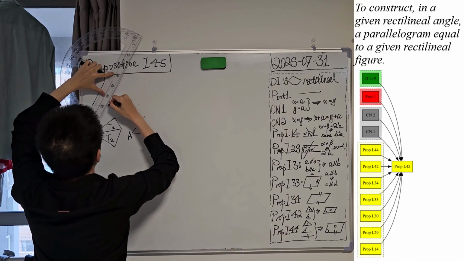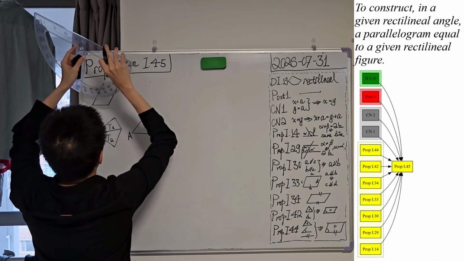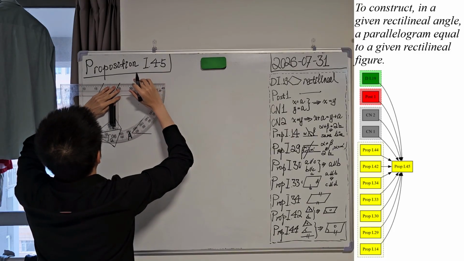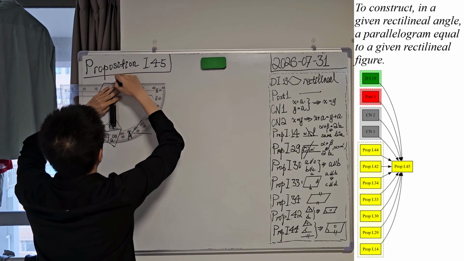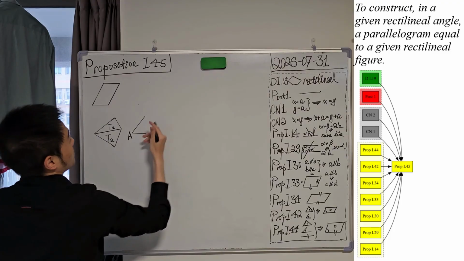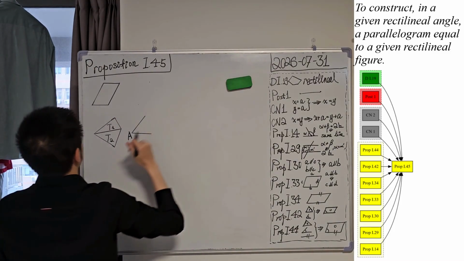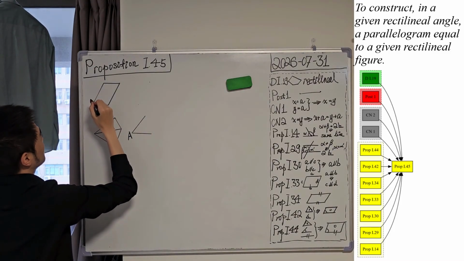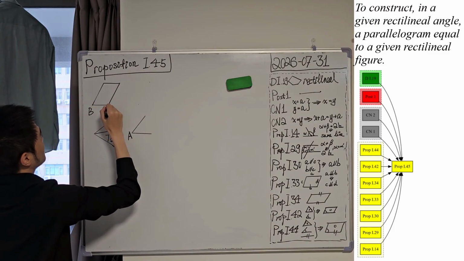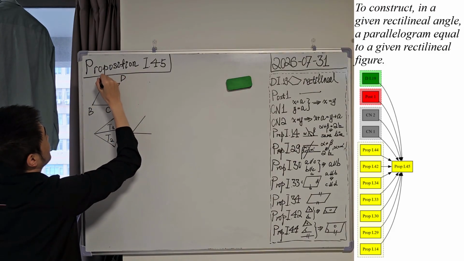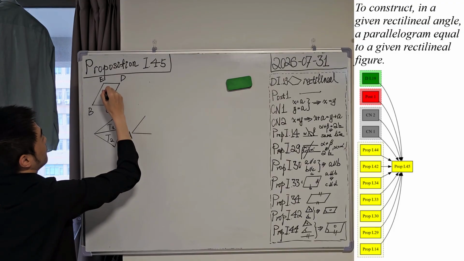So this parallelogram has the same area as T1 and it is in the angle A, okay? Let's assume it is B, C, D, E, and we call it parallelogram P1 for convenience, okay?